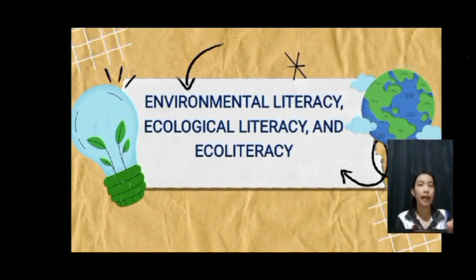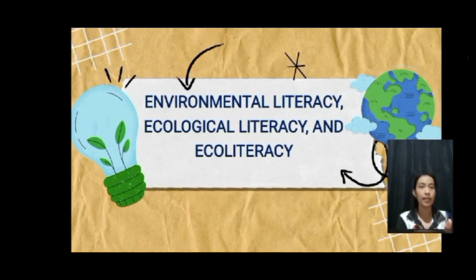For example, ecoliteracy is recognizing how planting native trees not only benefits the local environment but also supports biodiversity and contributes to the overall health of the planet. By understanding this, we can say those people are engaged in ecoliteracy.